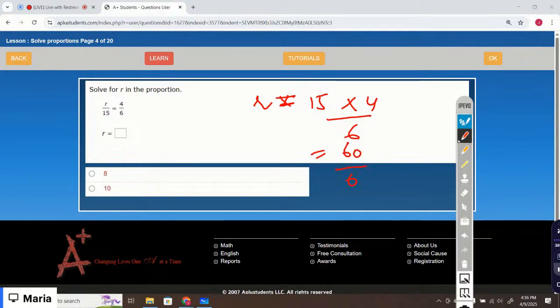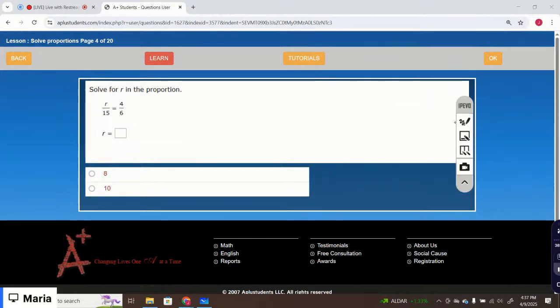So 15 times 4 is 60 and 60 divided by 6 is 10. The correct option is option number 2, that is 10.